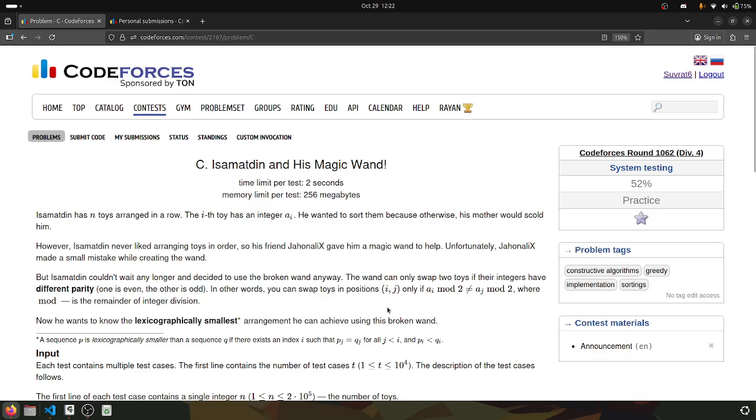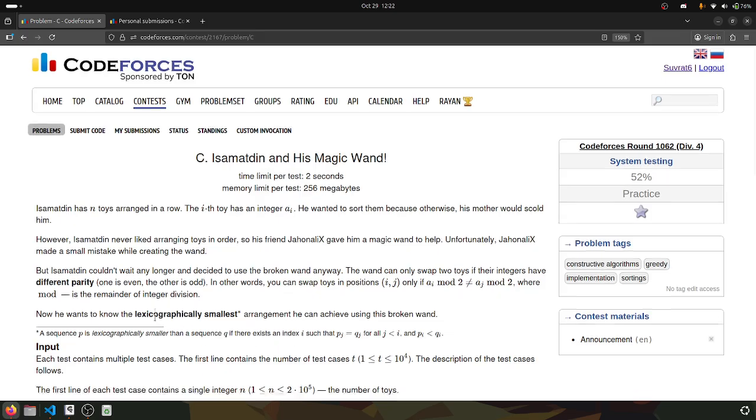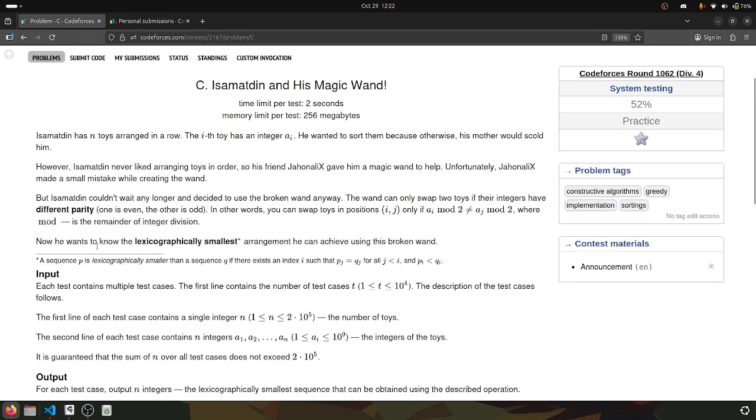The wand can only swap two toys if their integers have different parity. One is even and the other is odd. In other words, you can swap toys in positions I, j only if AI mod 2 is not equal to AJ mod 2, where mod is the remainder of the integer division. Now he wants to know the lexicographically smallest arrangement he can achieve using this broken wand.